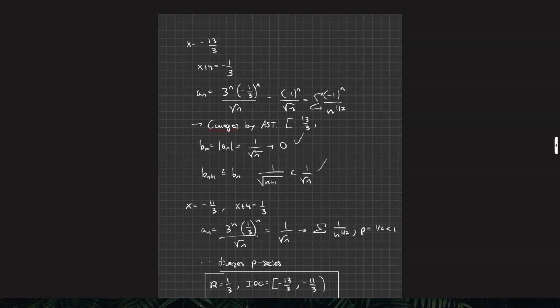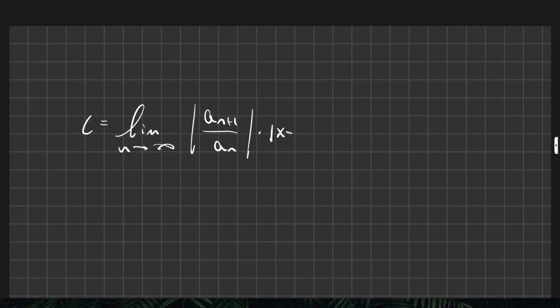Setting up, and if you forget, we're looking at essentially letting L be the limit as n goes to infinity of a n plus 1 over a n times x minus a. And we want this to be less than 1 for it to be absolutely convergent.